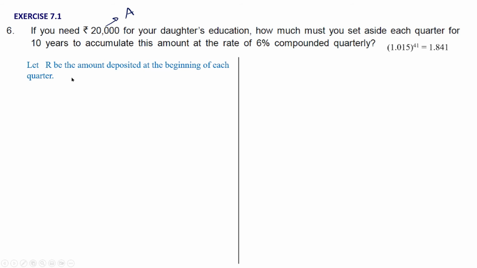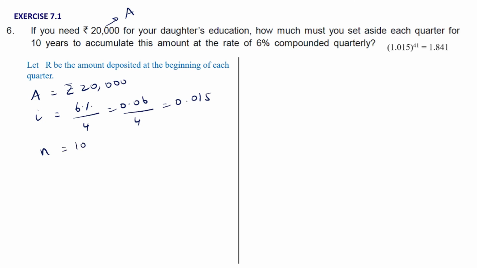So let R be the amount deposited at the beginning of each quarter. A is given as rupees 20,000. I is 6% upon 4, it is 0.06 by 4 or it is 0.015.